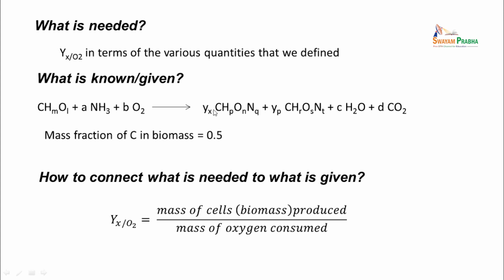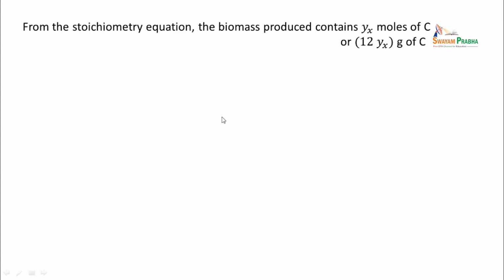YX is the stoichiometric coefficient and C has a subscript of 1, right? This has been probably normalized for a mole of C and YX moles are formed. Therefore, this particular stoichiometry gives YX moles of C, and we know that if we multiply moles by the molecular mass, we get grams, and therefore YX moles of C or 12 times YX grams of C.